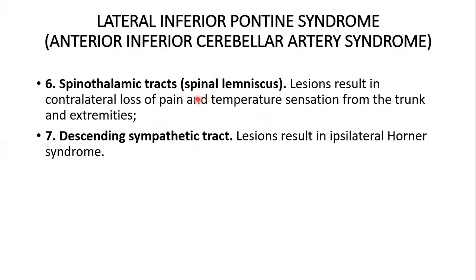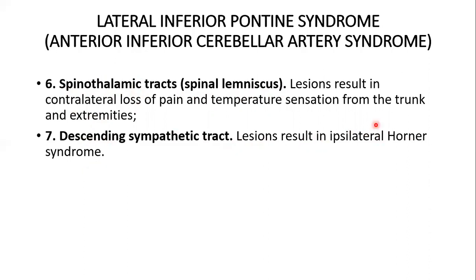The spinal lemniscus consists of the lateral spinothalamic tract, anterior spinothalamic tract, and the spinotectal tract. So the descending sympathetic tract lesion will result in ipsilateral Horner syndrome. That Horner syndrome was also produced in the lesions of the medulla oblongata, so that was discussed over here.